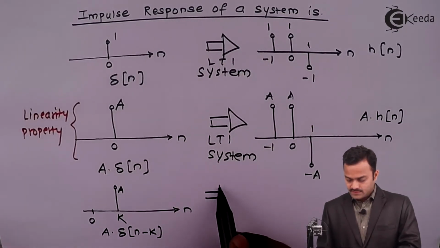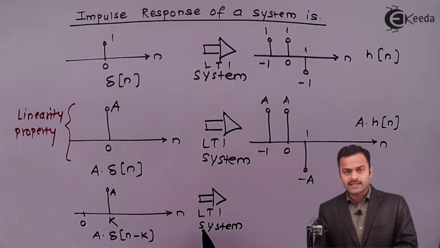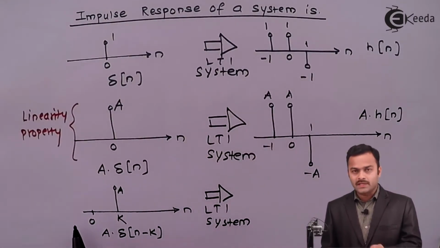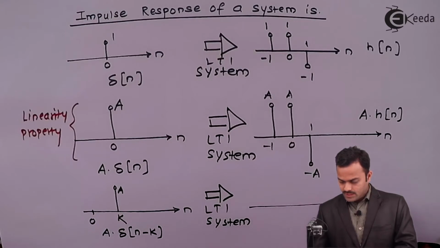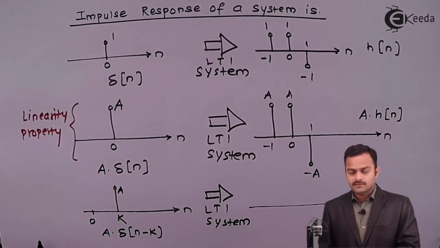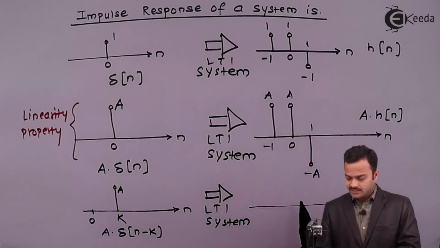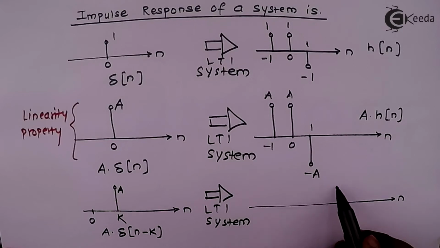Once again, if this is passed through the linear time invariant system, what should we get? The impulse response that we obtain should also be shifted by k units to the right side. So we should get an expression like this, where the k shift can be any random number, but the signal that we obtain will have the nature like this.